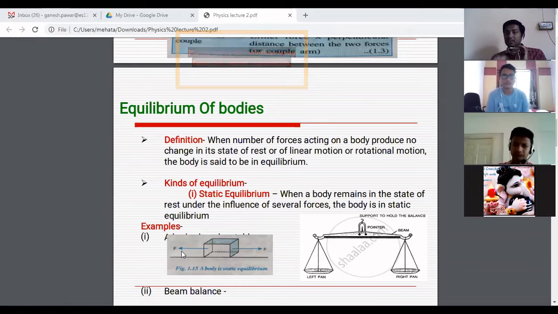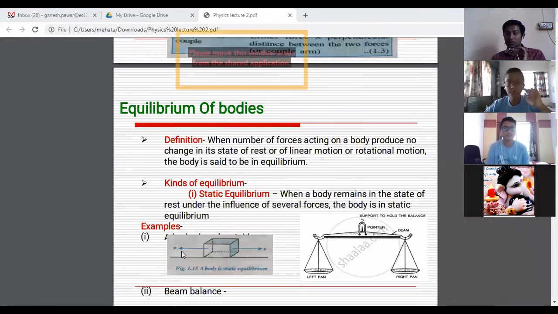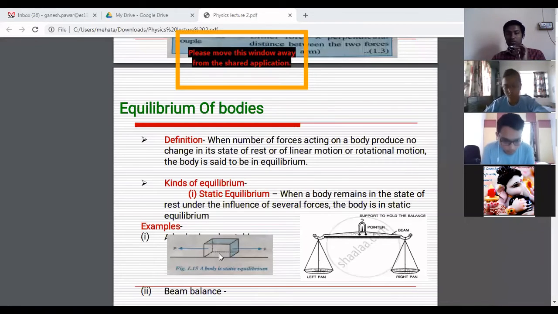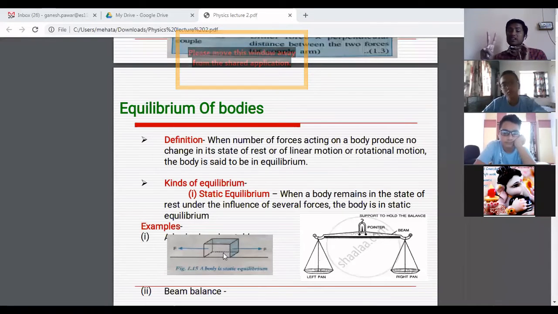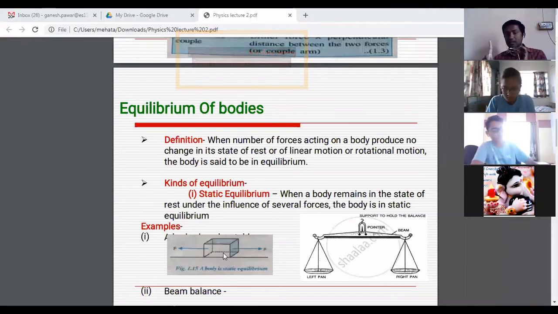So the net effect of the force will be how much? Zero. When the resultant or net force acting on the body is zero, the body will be in the rest position. So this is an example of static equilibrium. There are two forces acting on the body and the body is in a state of rest. Clear?